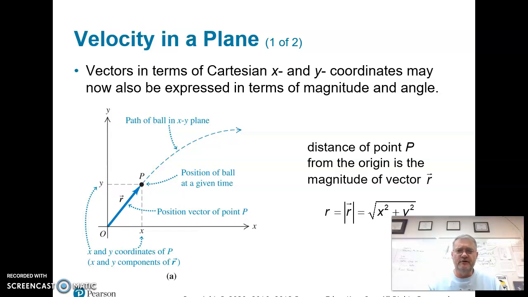The resultant r, which is the resulting arrow that connects the x and the y components, which of course is the hypotenuse of that right triangle, is equal to the square root of x squared plus y squared, x being the horizontal direction, y of course the vertical direction.